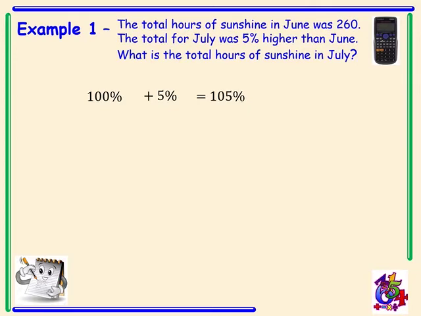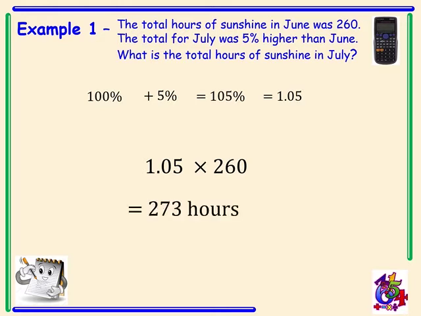To put a percentage into a calculator, we need to change it to a decimal. So 105, if we divide it by 100, is 1.05. Then 1.05 times June's total hours of sunshine, which was 260, gives us an answer of 273 hours of sunshine in July.